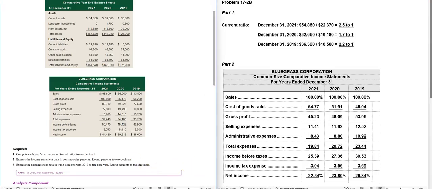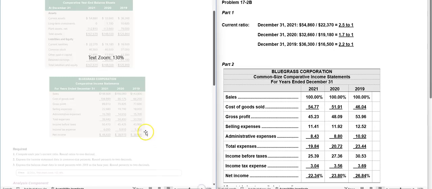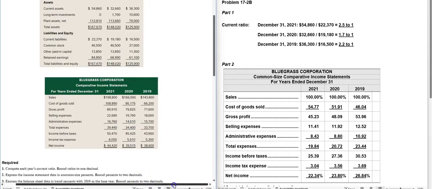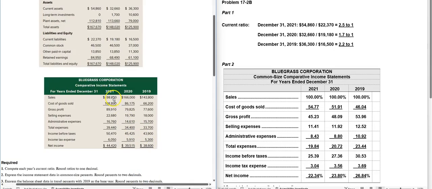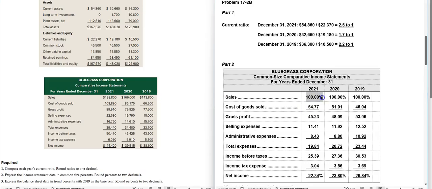So for sales of 198,800, divided by 198,800, sales are 100% of sales. Kind of making sense? Hang in there.